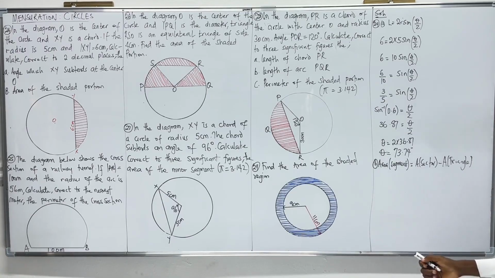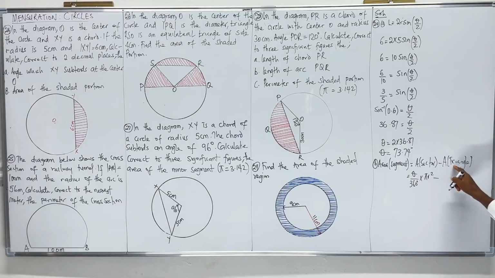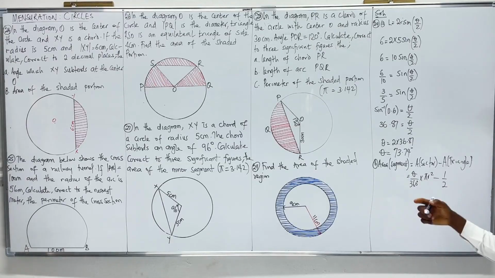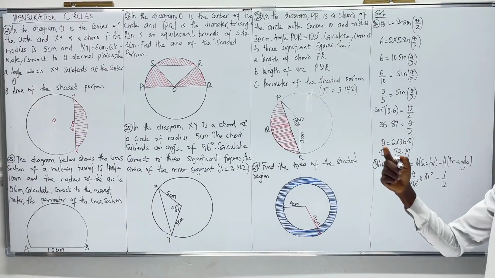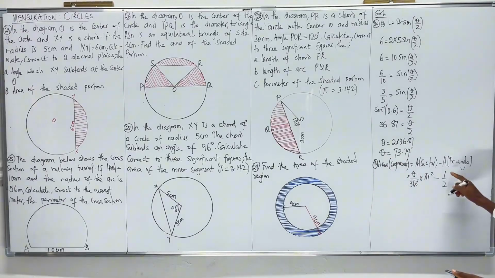That's the formula. So what is the area of a sector? Area of a sector is theta over 360 degrees times pi r squared. Then minus what is the area of a triangle? Half base times height. But for shapes like this, there's no base, so instead, it's half r squared sine theta.